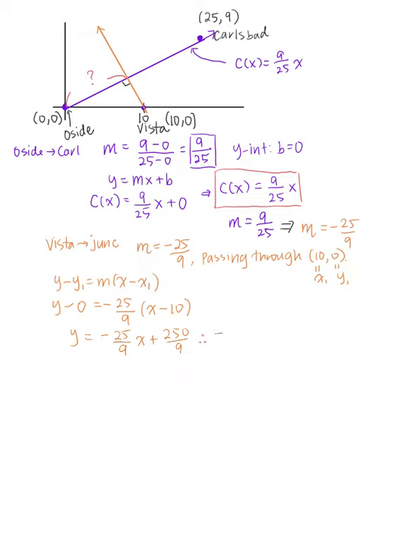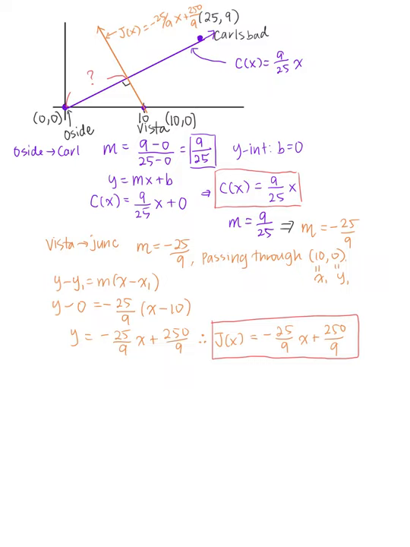Let's call it j of x, junction of x, equals negative 25 over 9 x plus 250 over 9. I'm running out of room. Hopefully you can see that.